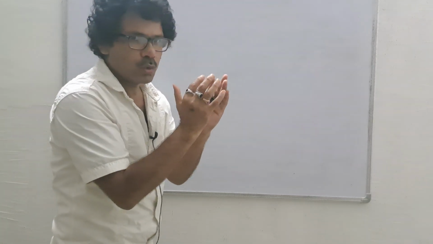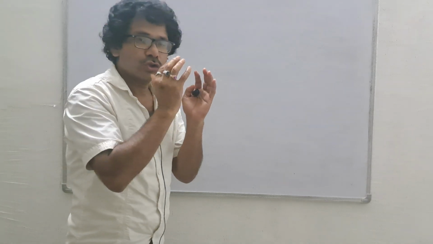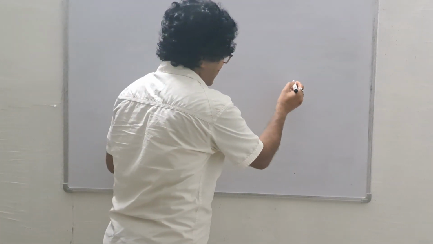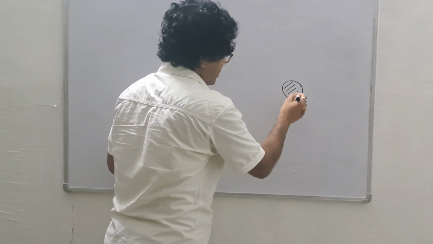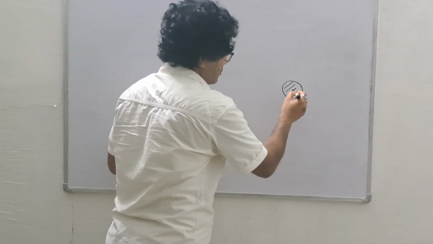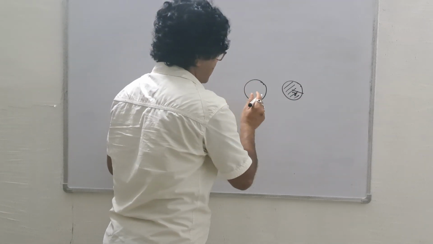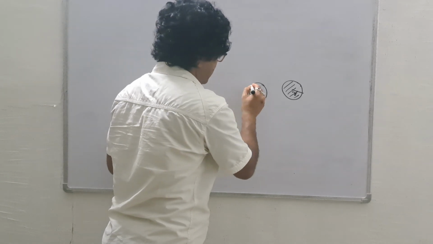Now I take two solid spheres, smooth and polished. This is a solid sphere. Solid means inside is not empty, and the radius of the sphere is say r, and this is another solid sphere.